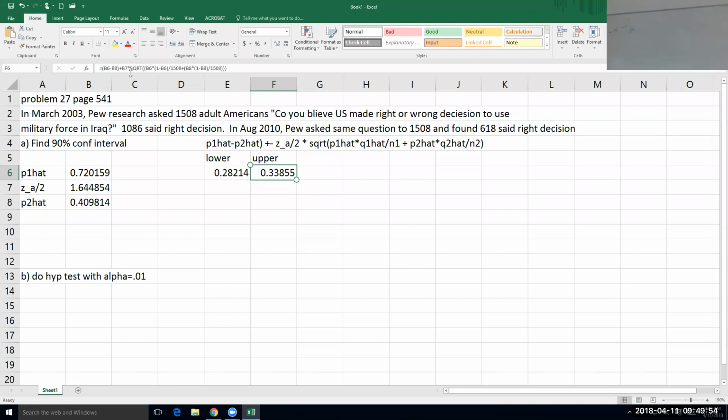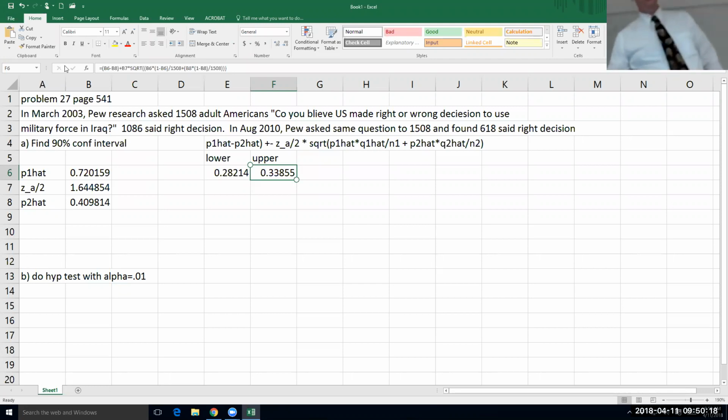Chris? So we're saying we're 90% confident that the drop is between 28 and 34%. Okay? Yes. So if the difference between P1 hat and P2 hat was more like 20%, but we still had those same numbers, then would we say it was not significant? Okay, so let me change this number right now to make it not significant.